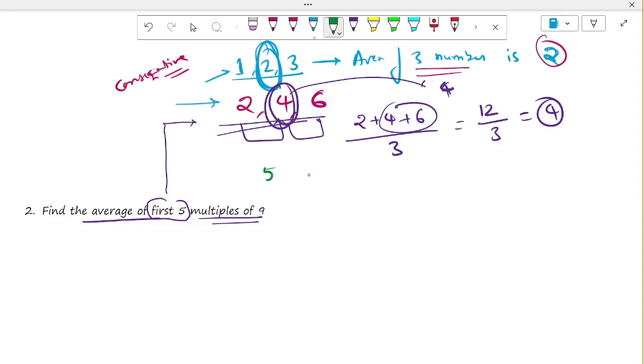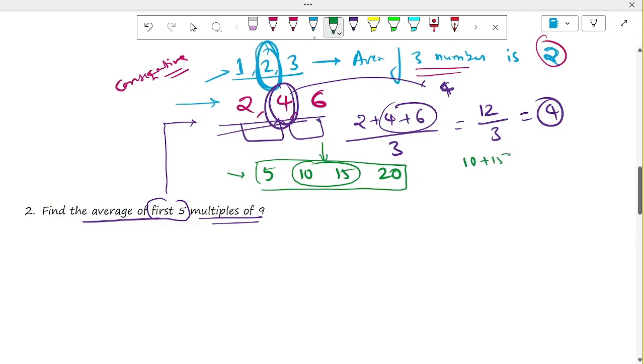Now if you have got 5, 10, 15, and 20, if you look at this, there are four numbers and you are not able to find which is the middle value. So what is the average of this? It will be the middle value of 10 and 15. So 10 plus 15 divided by 2. So you are going to get 25 divided by 2, it is 12.5.